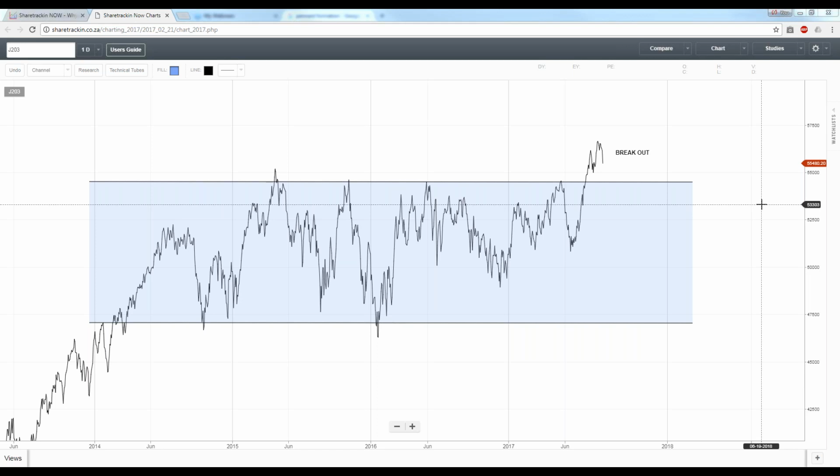Now, when we talk about technical analysis and you go and look up, if you go to the share tracking's dictionary and you go and look up technical analysis, I would urge you to go and read up on it as well. If you go to our lecture modules, you'll see we've got a whole section just on technical analysis, all the basic foundations of technical analysis. So I would urge you to please do visit the lecture modules for that as well.